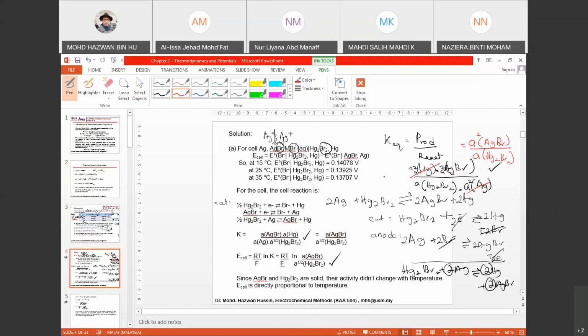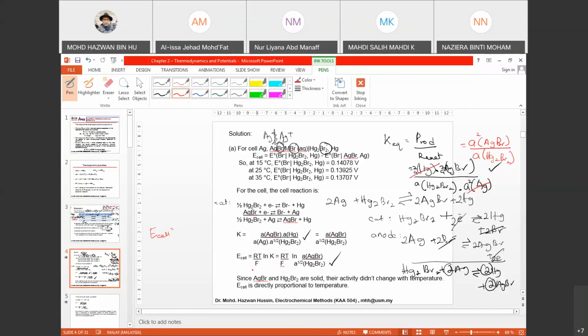Right, so this is actually the first representation, and later on you can substitute into a Nernst representation, because you know in Nernst, E cell is equal to E naught cell plus RT ln K. Over here, we just neglect the E naught cell, then we substitute it.